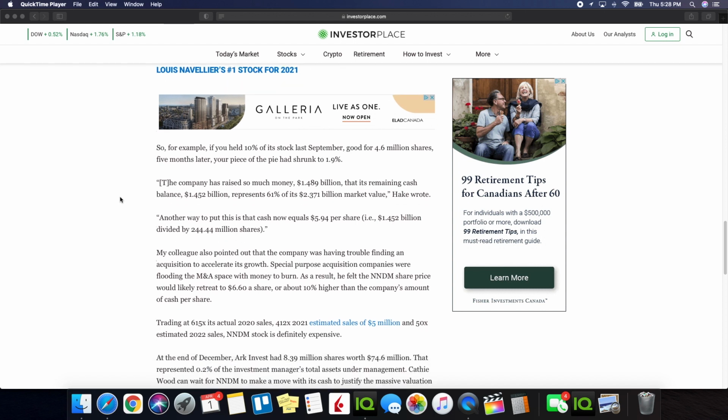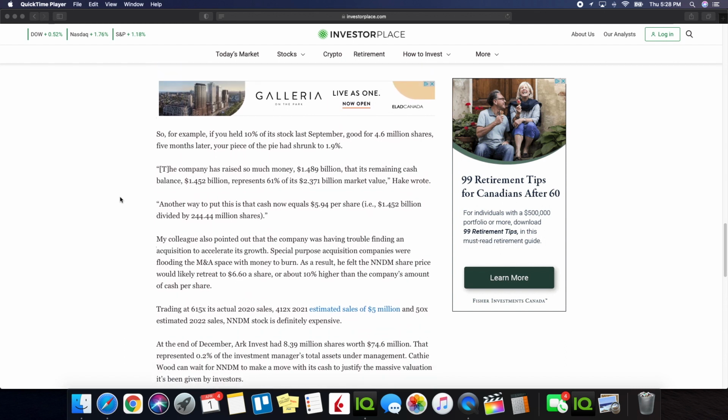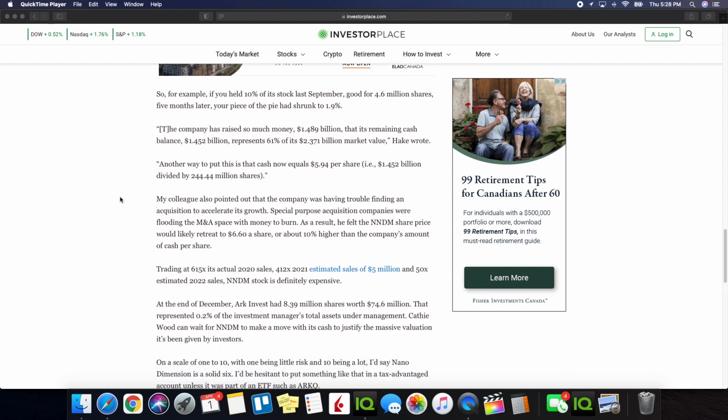Another way to put this is that the cash now equals $5.94 per share. So 1.452 billion divided by 244.44 million shares.